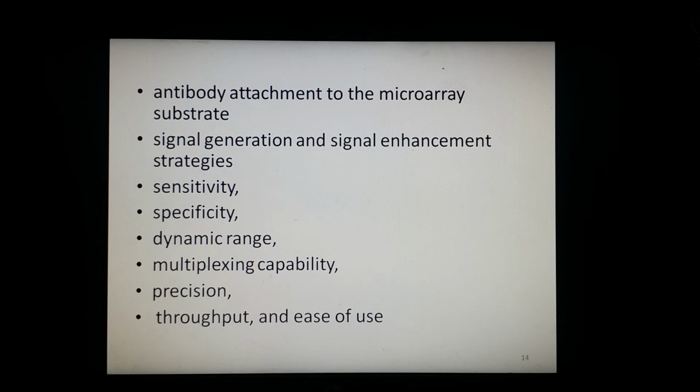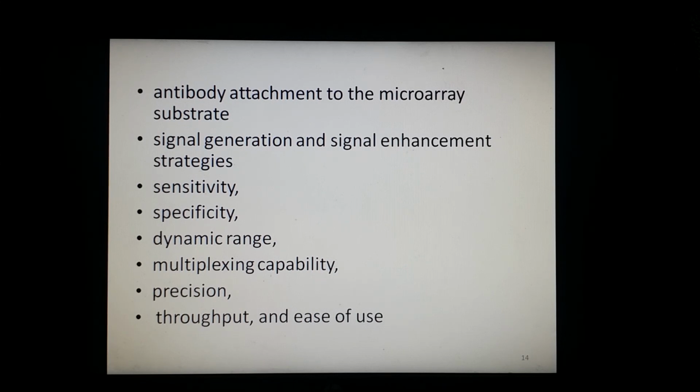You must have heard the names of all these techniques, and each of these formats and procedures has distinct advantages and disadvantages. Broadly, they relate to: number 1, sensitivity; number 2, specificity; number 3, dynamic range; number 4, multiplexing capability; number 5, precision; number 6, throughput; and lastly, ease of use.